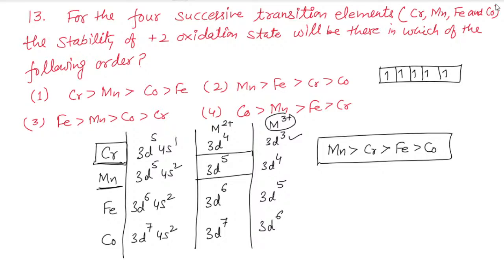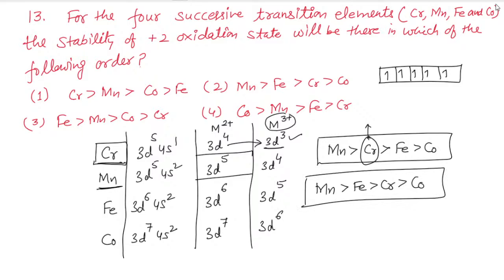But if you compare chromium, chromium 2+ easily turns into 3+ because it becomes 3d3. So that's why after Mn there is iron and then chromium.